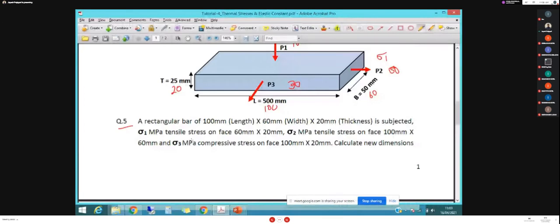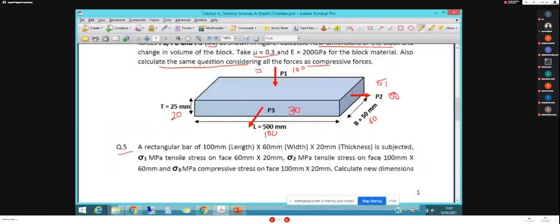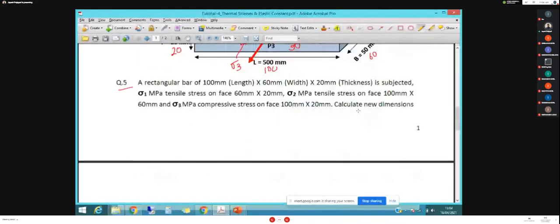Tension is given. Sigma 2 is again tension on which face, 100 mm by 16. Here sigma 2 is given, and sigma 3 is compression, 100 by 20. So here you have some compression, this will be a sigma 3. Okay, and this again you can calculate the same thing, new dimension and change in volume.